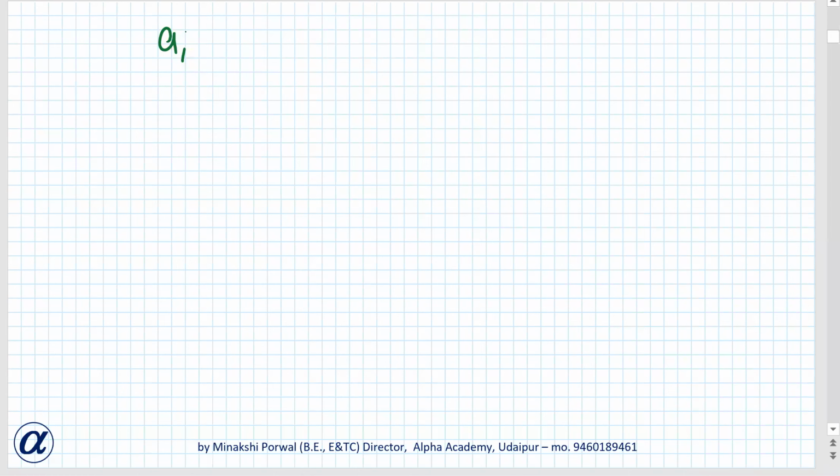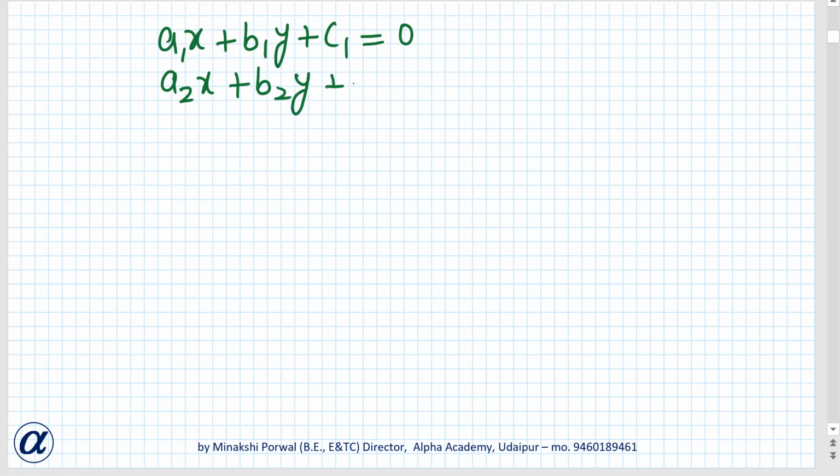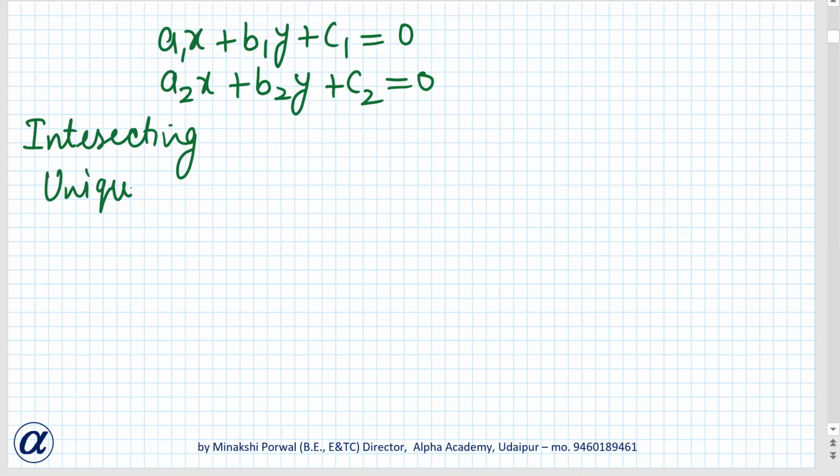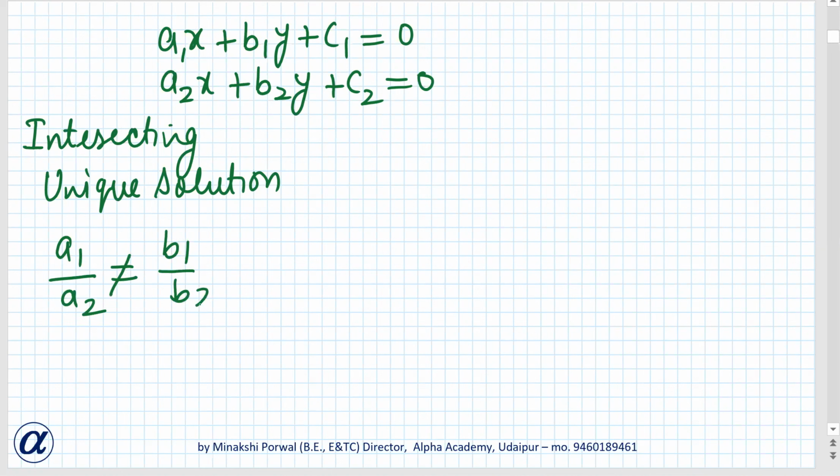Suppose we have two lines, a1x plus b1y plus c1 equals 0, and a2x plus b2y plus c2 equals 0. If these two lines are intersecting, that means they have a unique solution. The condition for this is a1 by a2 should not be equal to b1 by b2.